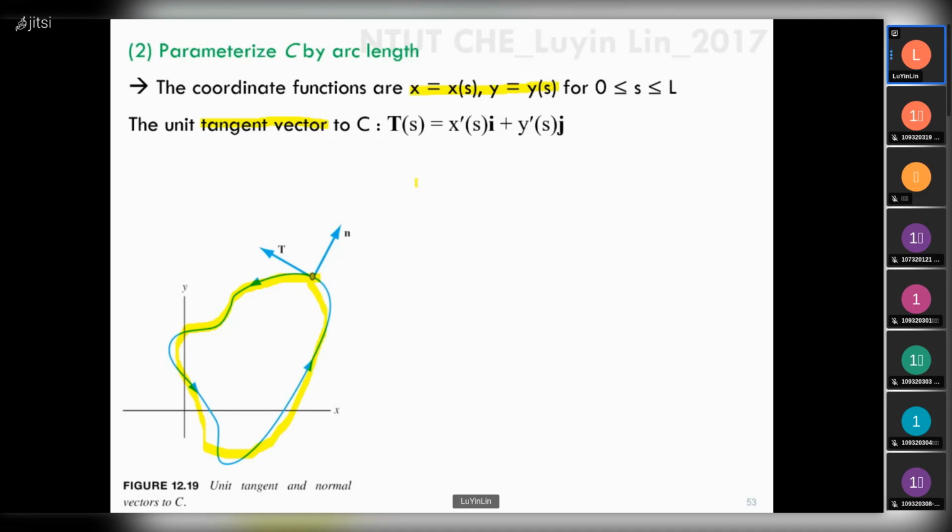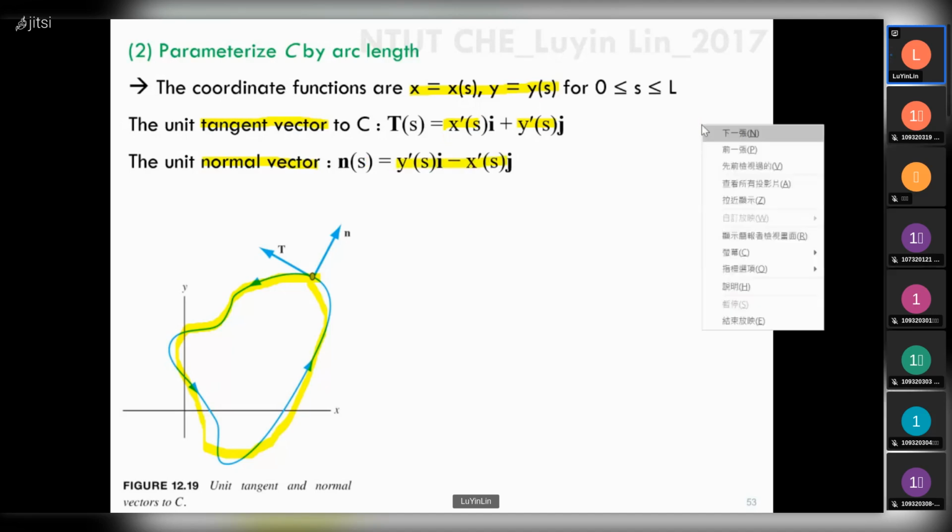Okay, how to find the tangent vector? It's very easy, just take the derivative of x and the derivative of y, and you have the tangent vector. Then what is the normal vector? If you want to find a vector normal to the tangent vector, you just change the sequence and put a minus here.